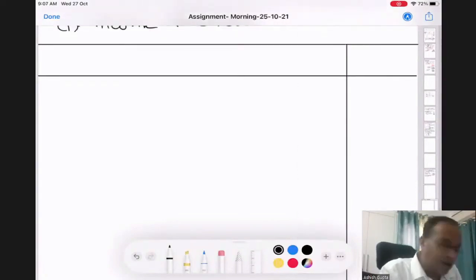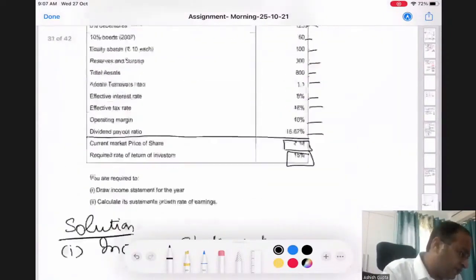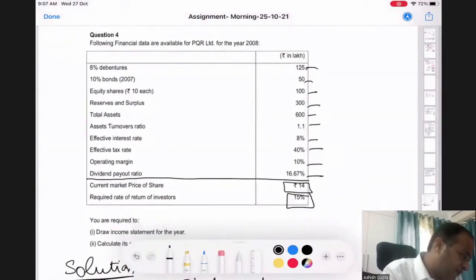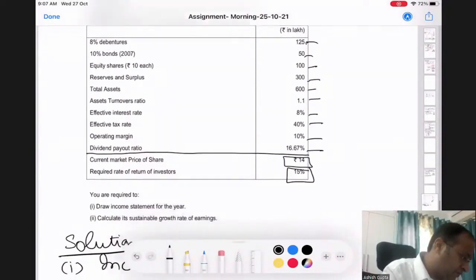Now let us prepare. First of all, we go by the figure of sales. So we have to compute the sales.